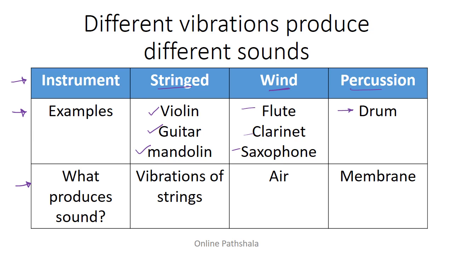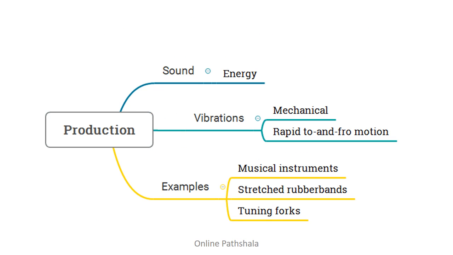So we answered our three questions. Let us quickly summarize what we have learned in this video. We learned that sound is a form of energy that produces the sensation of hearing. Then we looked at sound being produced by mechanical vibrations. Right?